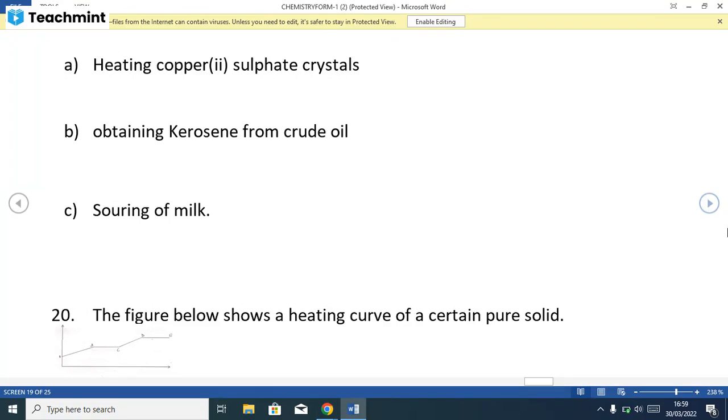Which type of chemical change? Chemical changes are many. Is it temporary or permanent chemical change? Temporary. It's temporary.